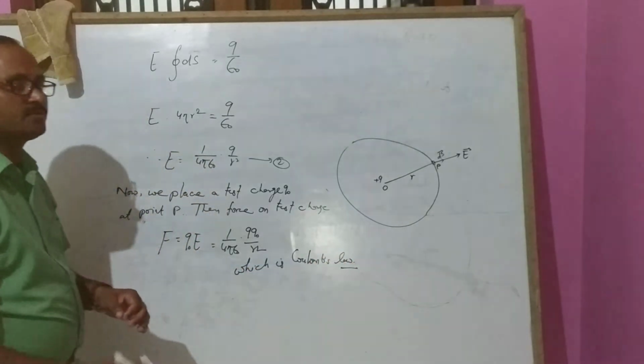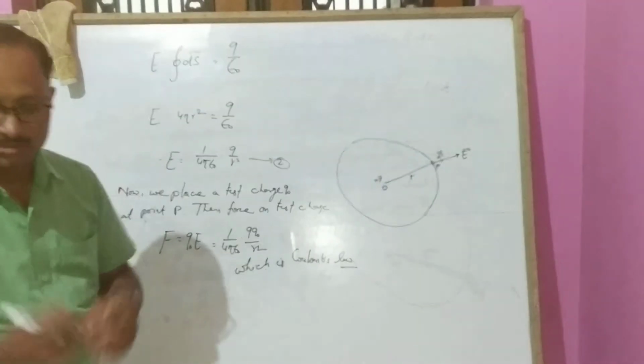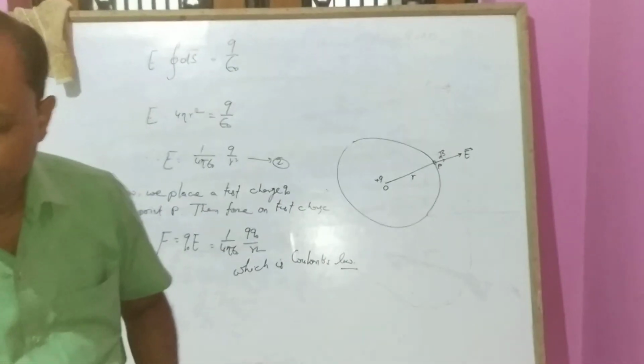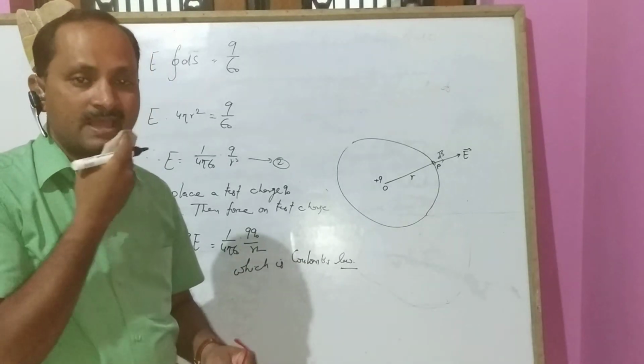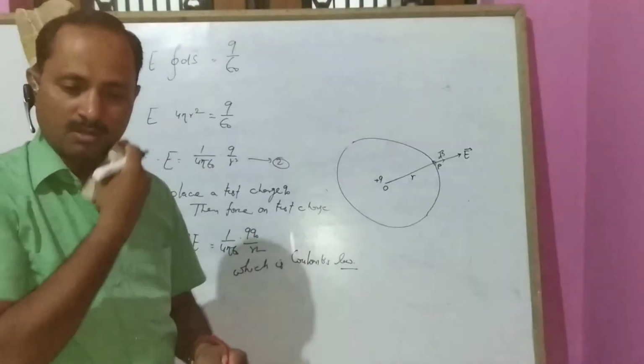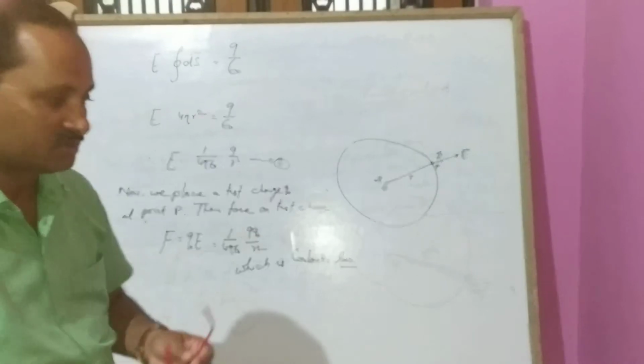Thus, I have derived Coulomb's law with the help of Gauss's law, and as I stated in my previous discussion, Coulomb's law can be derived with the help of Gauss's law, and Gauss's law can be derived with the help of Coulomb's law.